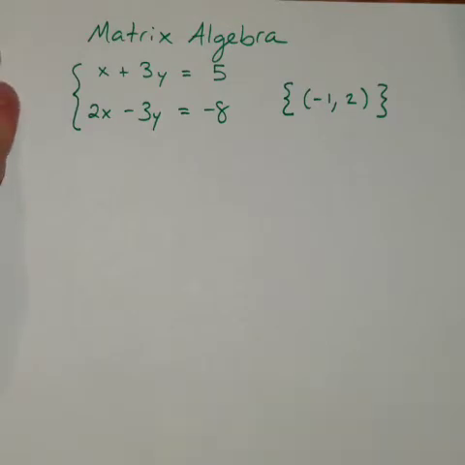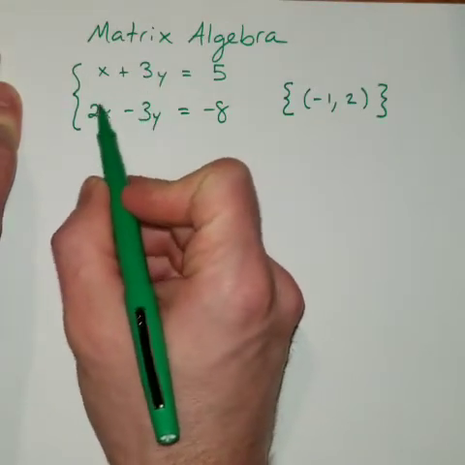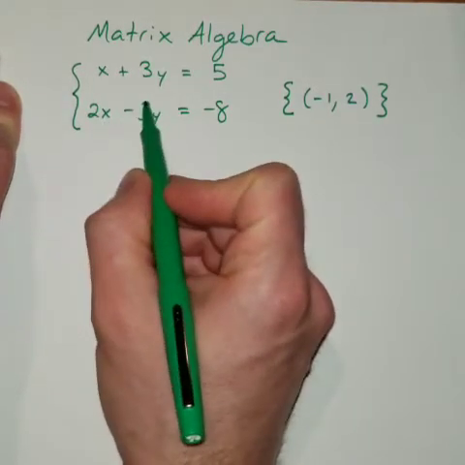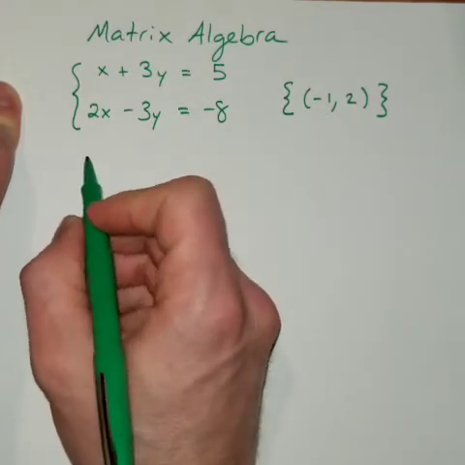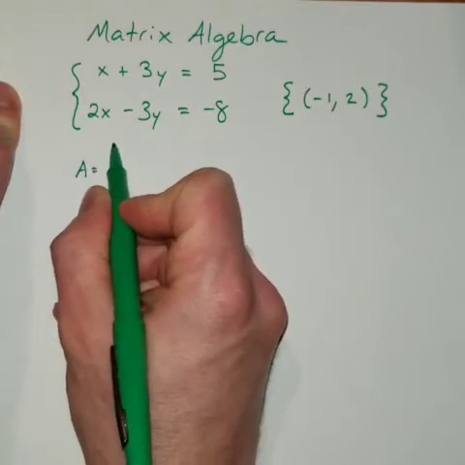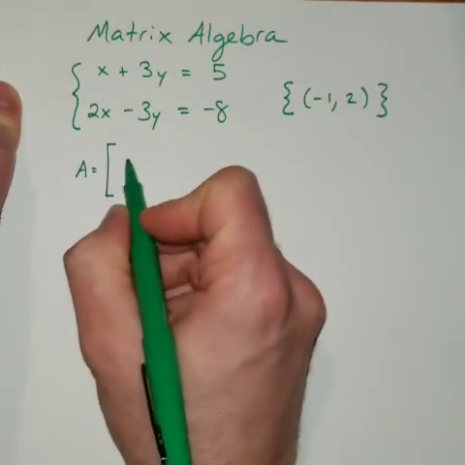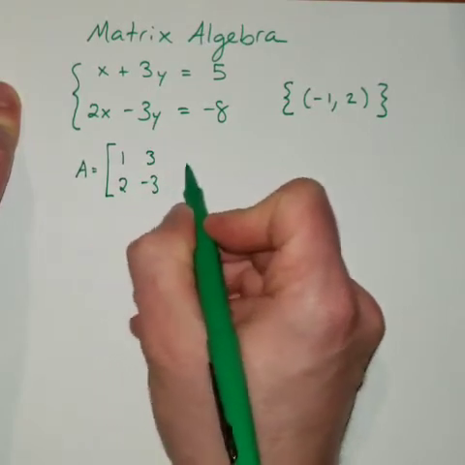One of them we've actually seen already when we did Cramer's rule. It's the matrix that contains just the 4 coefficients on the left side here. Okay, so we're going to call that matrix A. Matrix A is the matrix, in this case 1, 3, 2, -3.